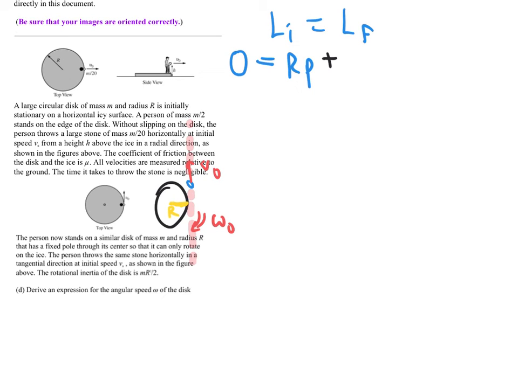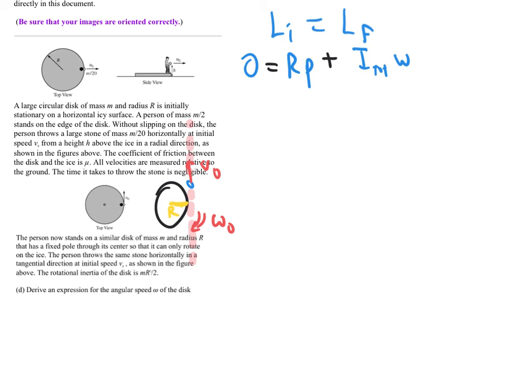And we also know that we have the angular momentum of the disk and person, which is going to be I total times omega.